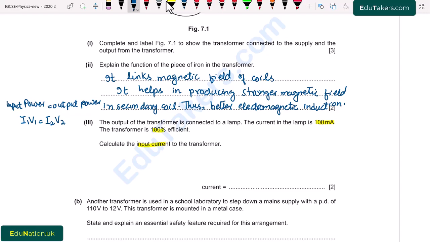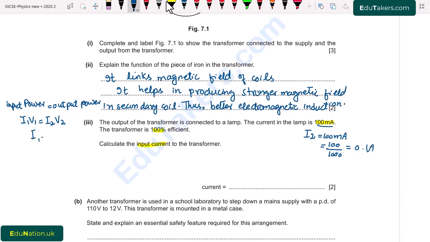We already know the potential difference values, and now we have to find the current I1 and we need to know the value of I2. We can see here the output of the transformer is connected to the lamp, and the current in the lamp is 100 milliampere. This means that this current is in the secondary, so it is I2. And we have to convert this current into amperes. That's why I divide it by 1000 and it comes to be 0.1.